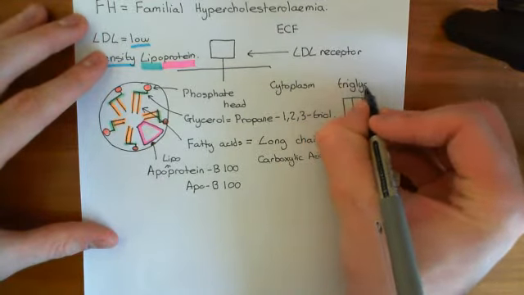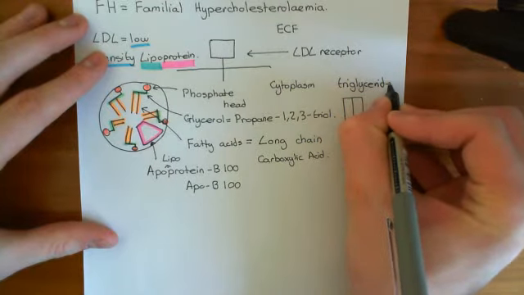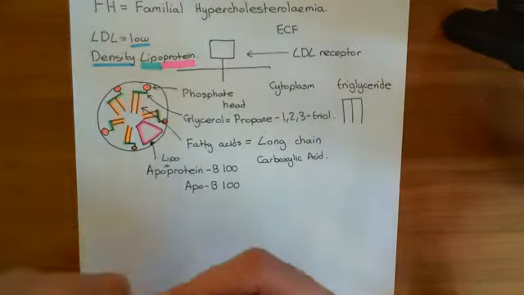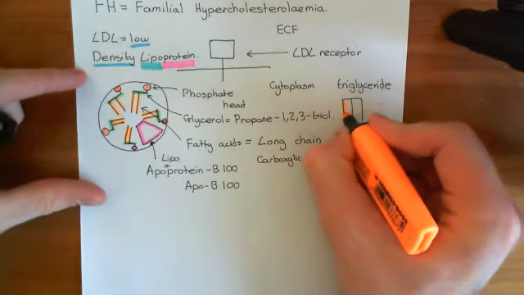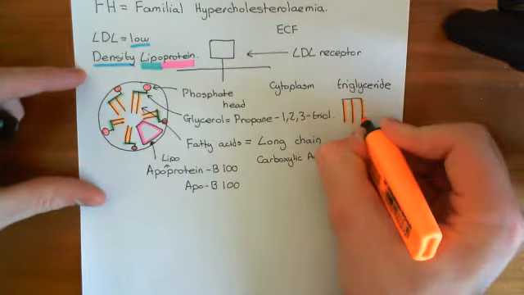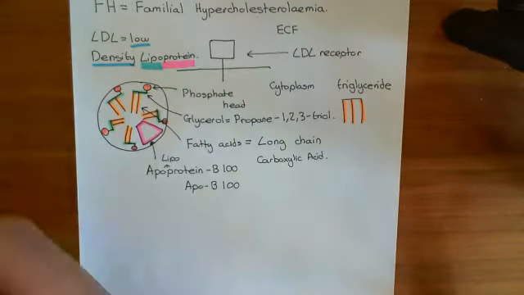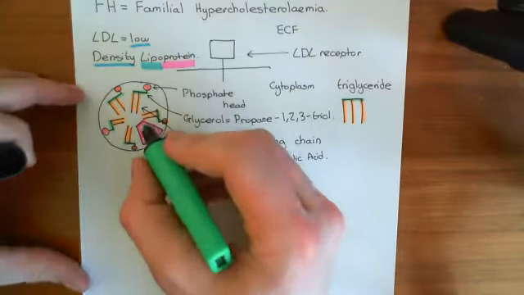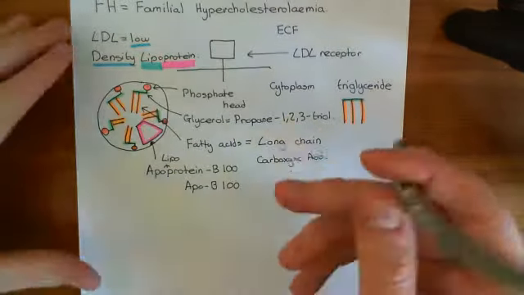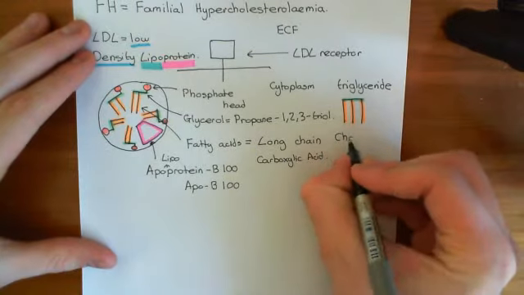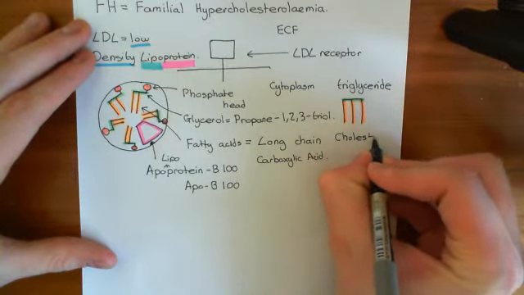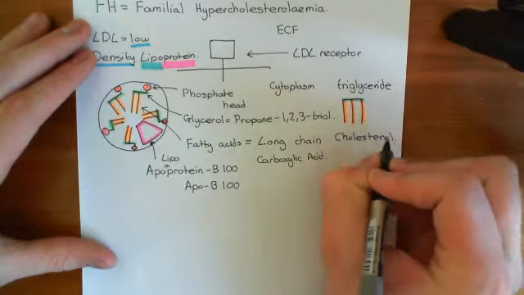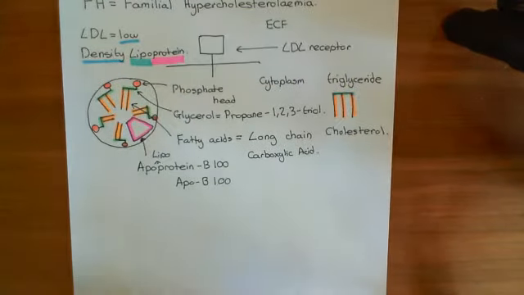You might have some free fatty acids, i.e. fatty acids which aren't esterified to the glycerol molecule. And also, you'll have cholesterol in these particles. Okay, and that's important. So basically, these low-density lipoproteins are a way of transporting lipidic molecules around the body within the bloodstream, and they contain cholesterol.